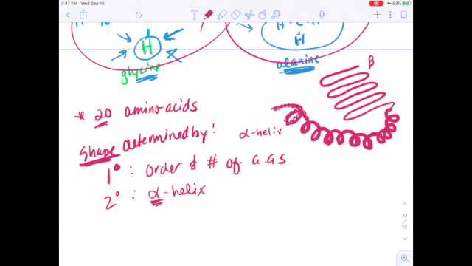This is called a beta-pleated sheet. So at the secondary level, you can get an alpha helix or a beta-pleated sheet. Kind of like, I don't know, a folded paper fan is probably a better analogy than ribbon candy. There we go.